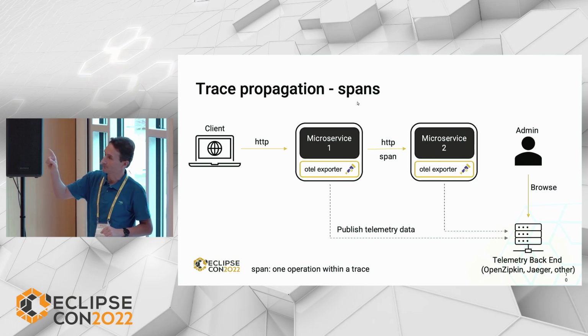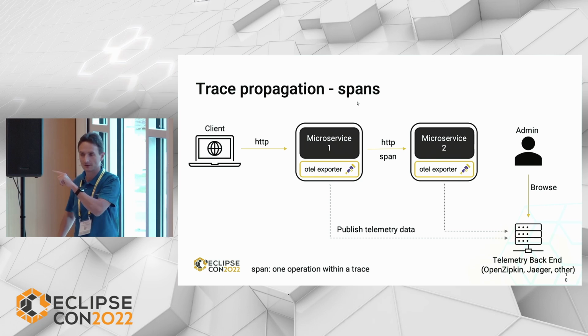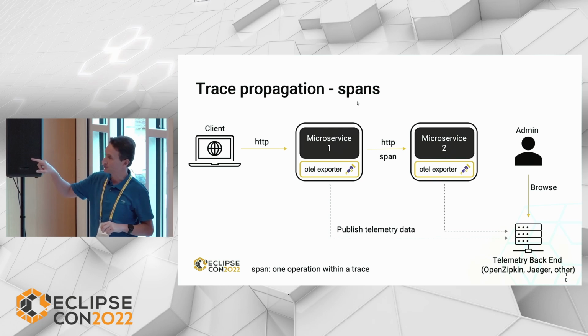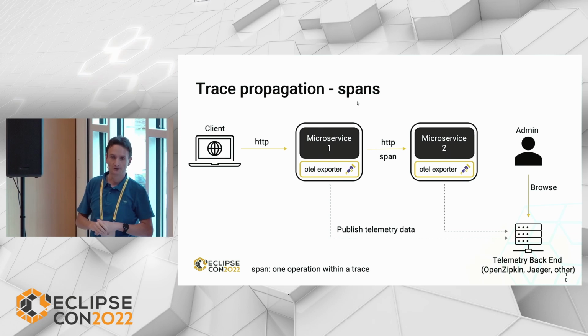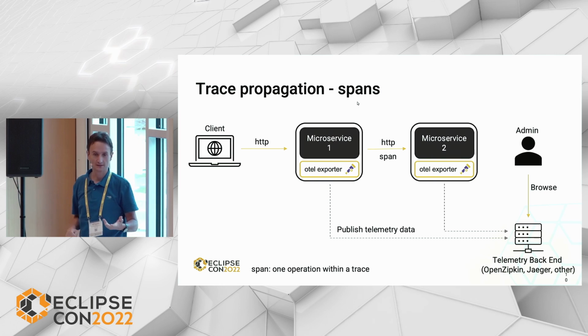For example, my client is calling a functionality on microservice 1, but microservice 1, to reply to that request, needs to call a functionality on microservice 2. Each of them will be pushing their respective data to the telemetry backend, but wouldn't it be great if I could see this as a whole, end-to-end, involving all the microservices together?